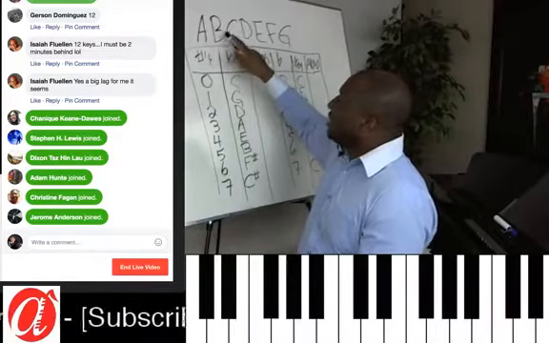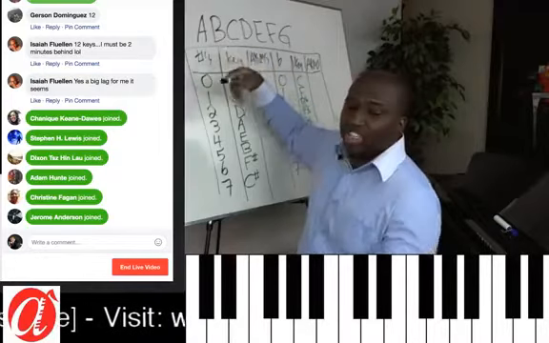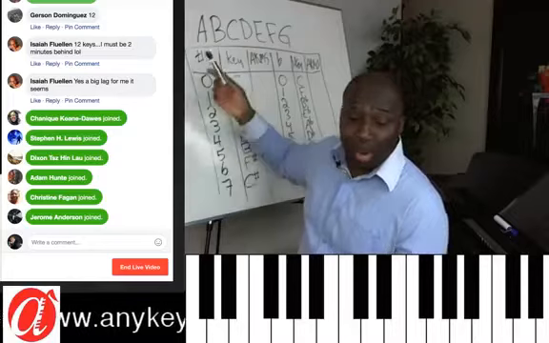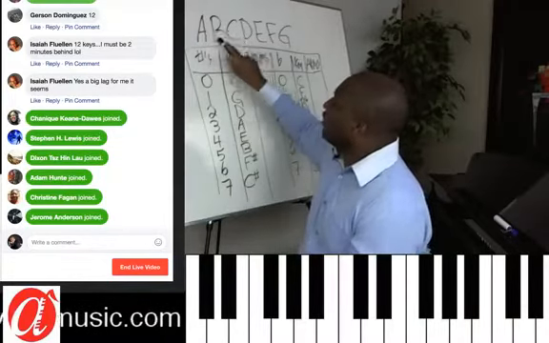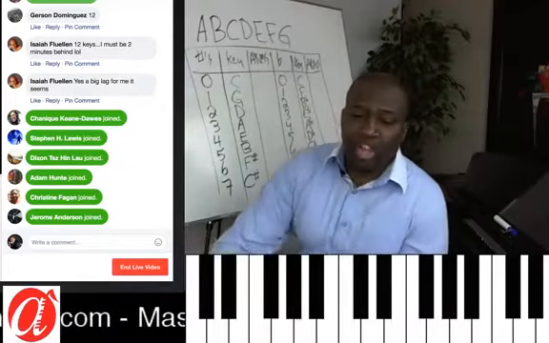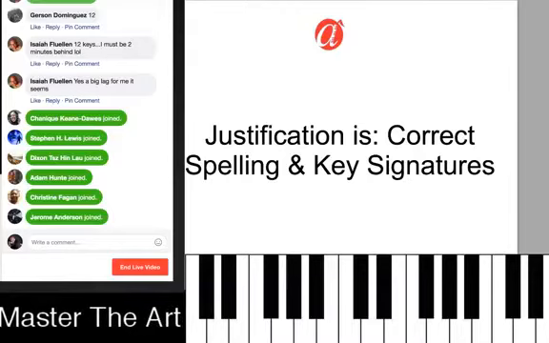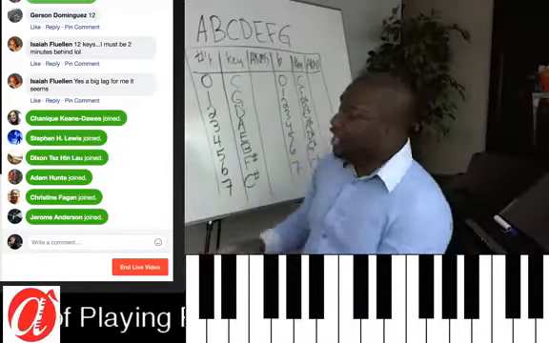If it's not a regular B, then it has to be a derivative of that. So it has to be B flat or a B sharp or something, according to the theory, okay? So that's what they mean. It always has to follow this principle. So that's what they call correct spelling.